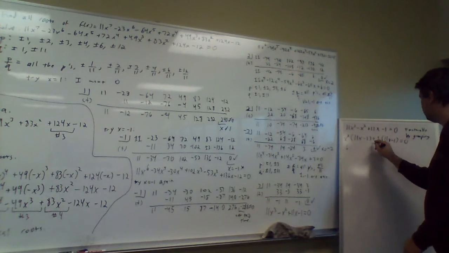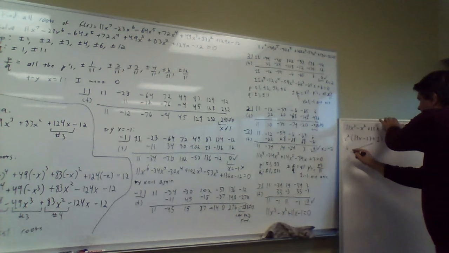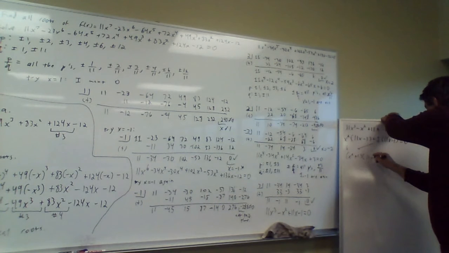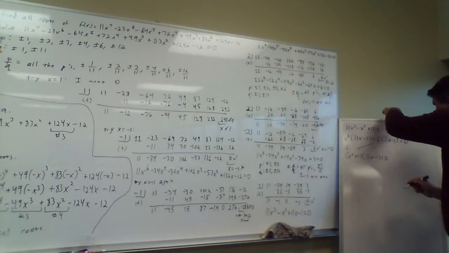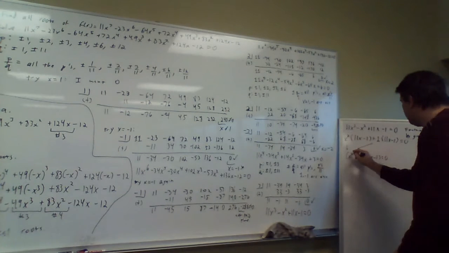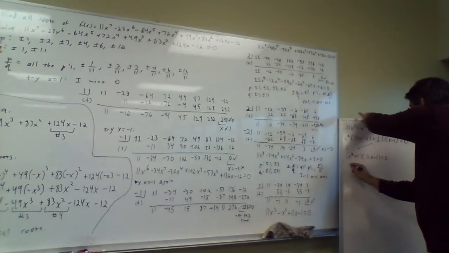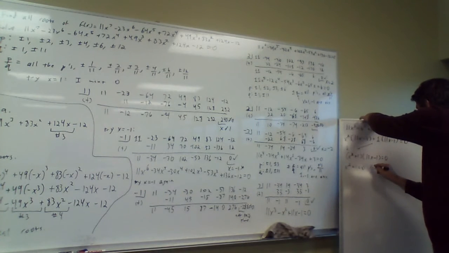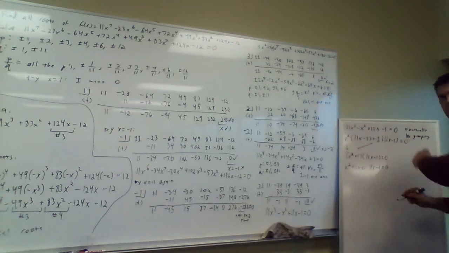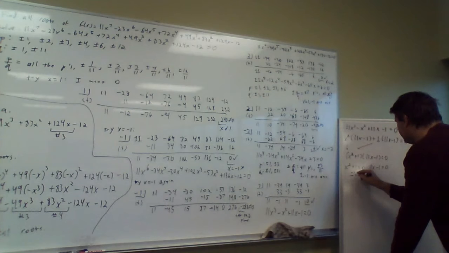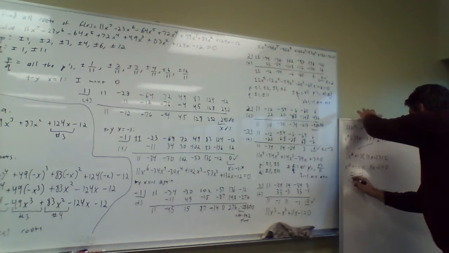So this gives me x squared plus 1 and 11x minus 1 equals 0. That's not factorable, so we're going to have to use a square root property. This is x squared plus 1 equals 0, and this is 11x minus 1 equals 0. So we'll subtract 1, and x squared equals negative 1.